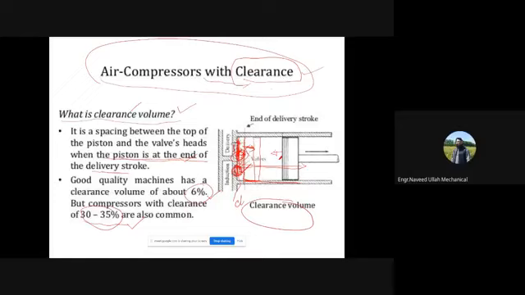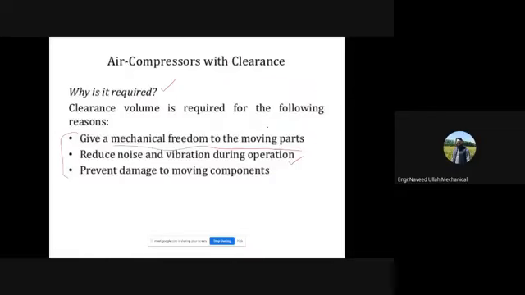Okay, तो इसलिए जो है ना हम क्या करते हैं कि to avoid this contact of the piston and this cylinder head, okay, or this wall head, we want to have or we need to have this clearance volume. दो चीजें हो गई, and the third one is prevent damage to moving parts. Very simple. This is actually related to even the first two, that if it is constantly in contact, it can damage the part.